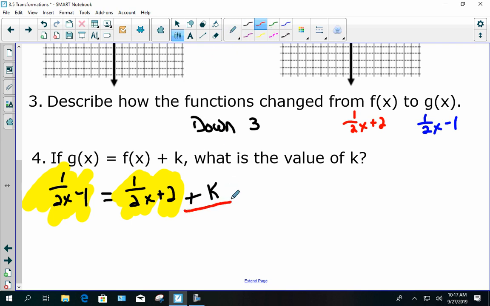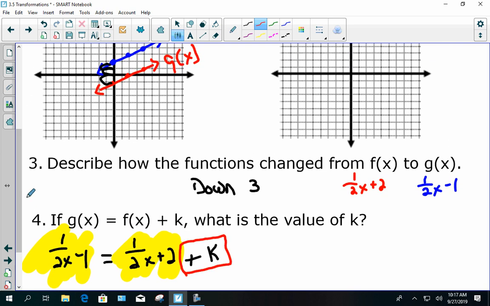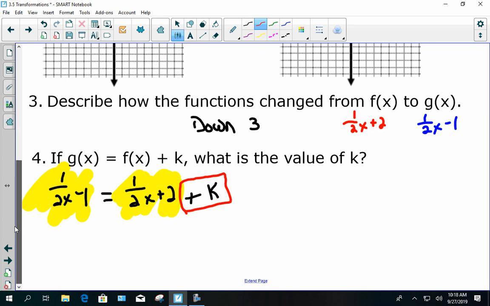What do I have to make k to make them equal? How do I make 1/2 x plus 2 become 1/2 x minus 1? What do I add to +2 to make it -1? -3, yeah. So what does k equal?